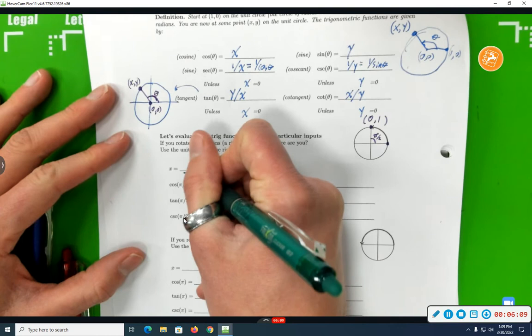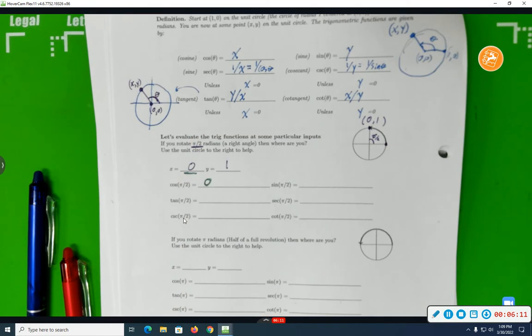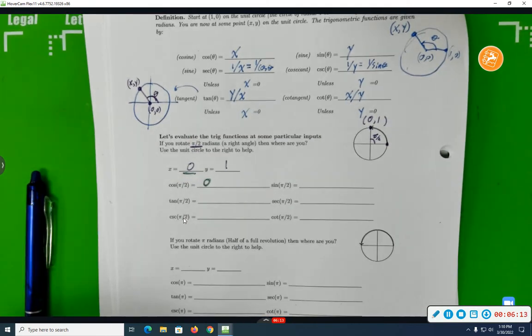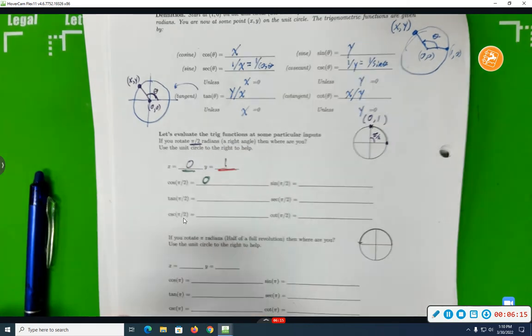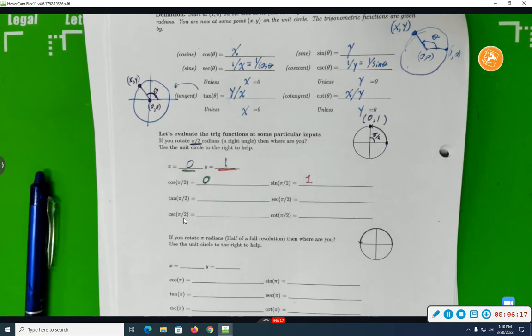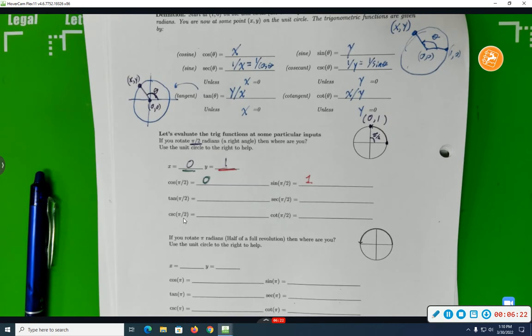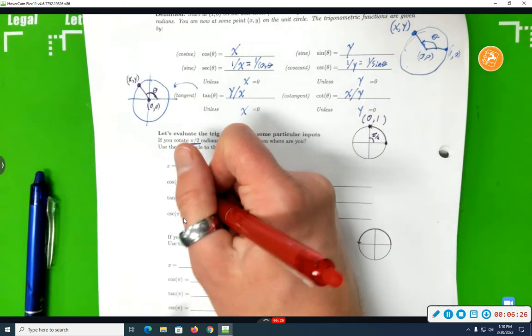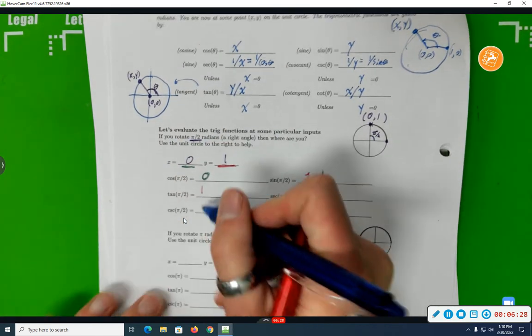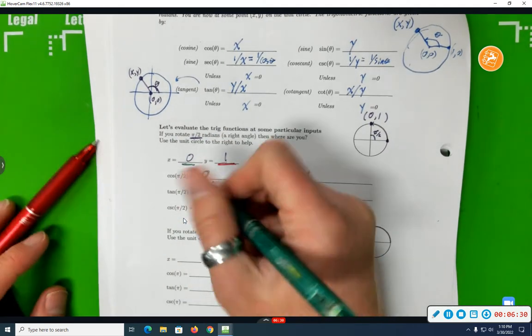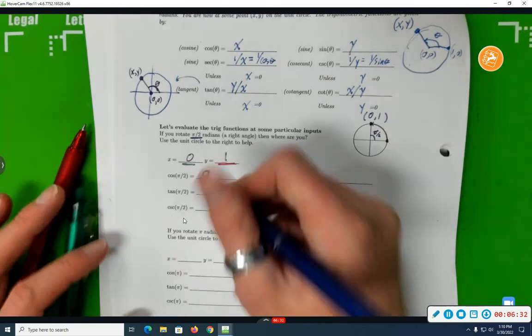Cosine is 0. What's sine of pi over 2? 1. What's the tangent of pi over 2? Undefined. You would want it to be 1 over 0, but you can't have 1 over 0. It's undefined.